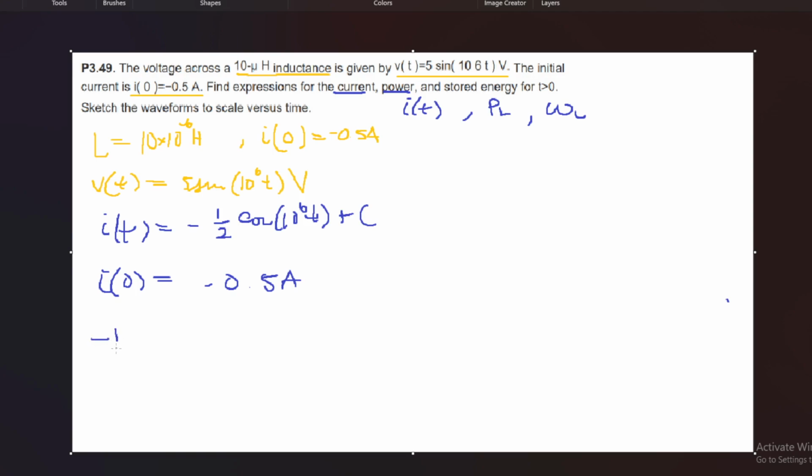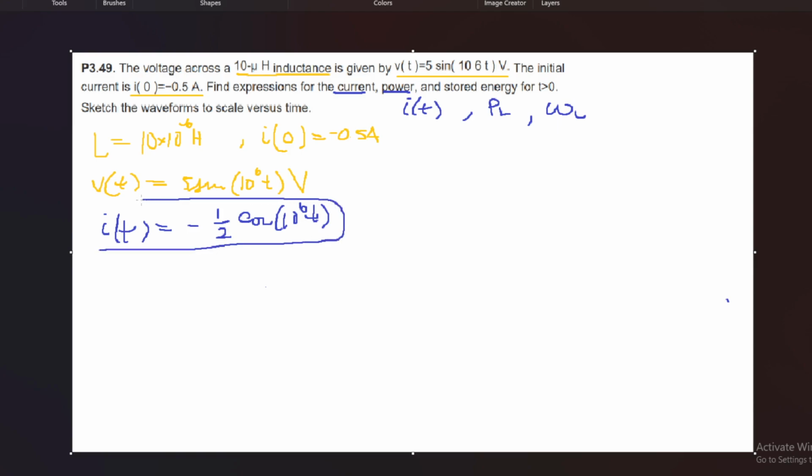So negative 1/2 equals negative 1/2 cosine of 0, which is 1, and then plus c. Then we can isolate the c. Then we'll find that negative 1/2 equals negative 1/2, so c is equal to 0. So we can just erase all of this. This is just plus 0, so we'll just remove it. So we're given our current.